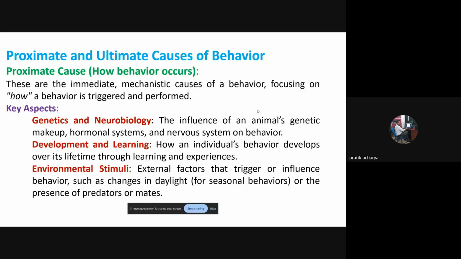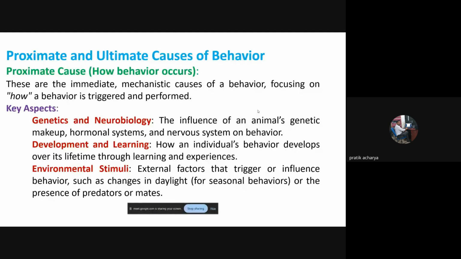And second, the how question is explained by the second key aspect, that is development and learning. Some time ago, I explained that if we do not learn, we cannot survive. For survival, we have to learn certain tricks. Just like from our exam point of view, if we have to get more marks within the stipulated time, we have to practice more.